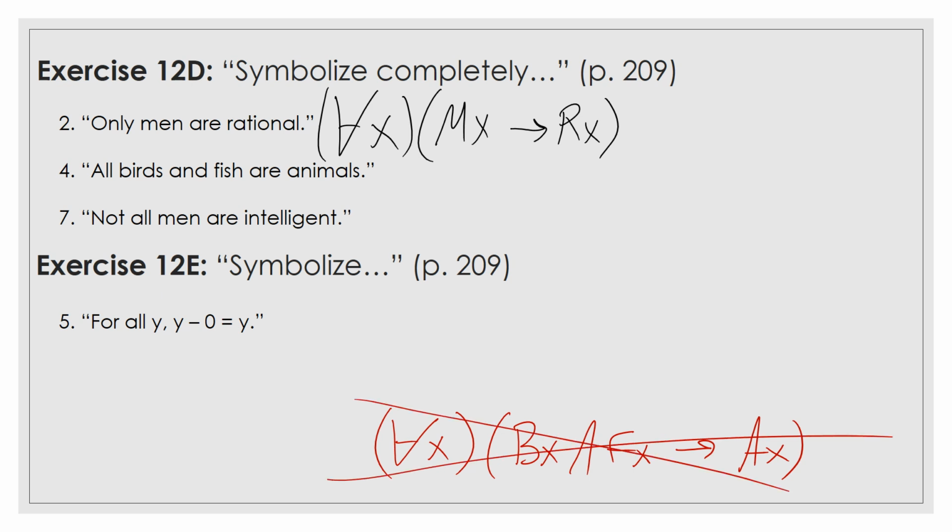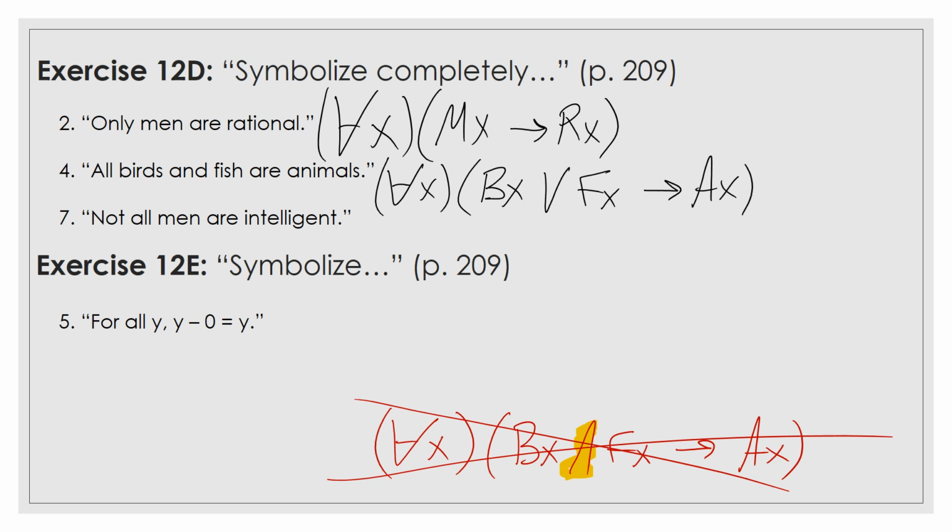However, we could change this conjunction into a disjunction. We're saying if x is a bird, then it's an animal. If it's a fish, then it's an animal. That makes sense. So we could say for all x, if x is a bird, or if x is a fish, then x is an animal.